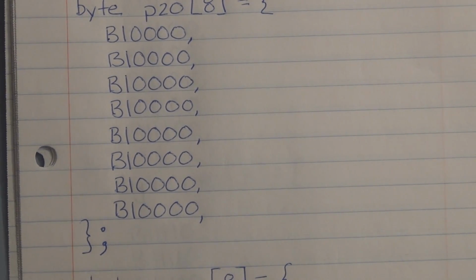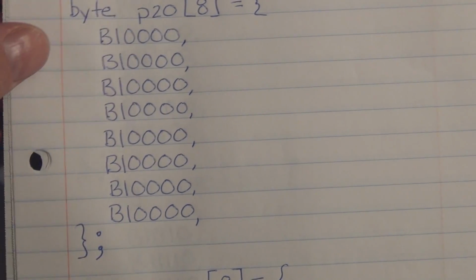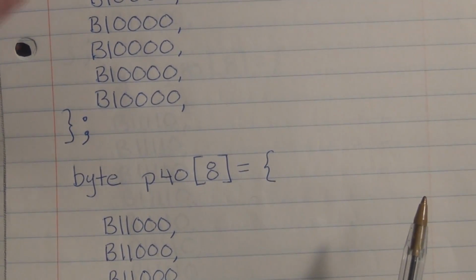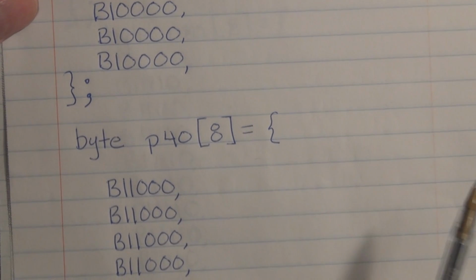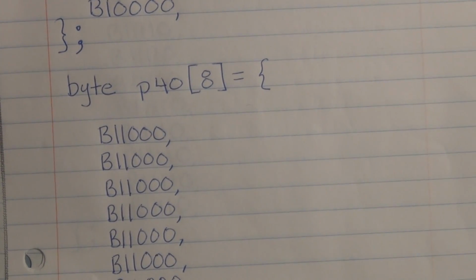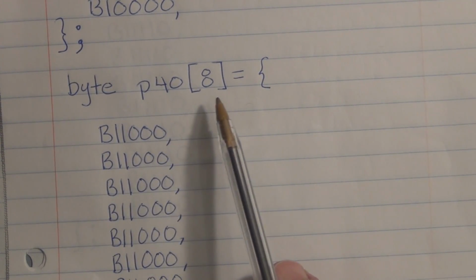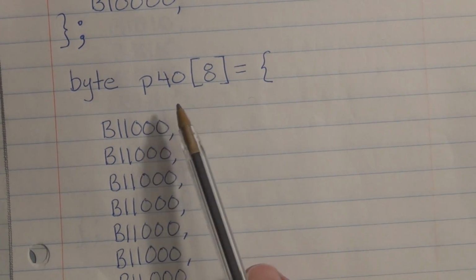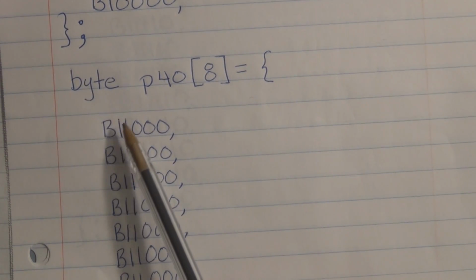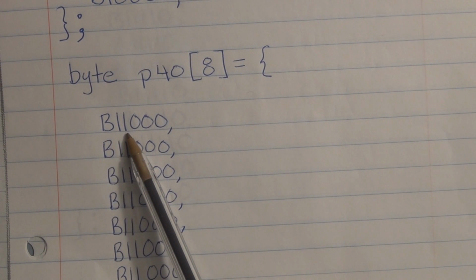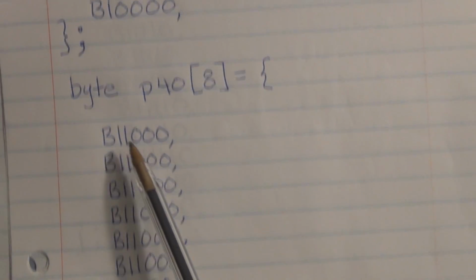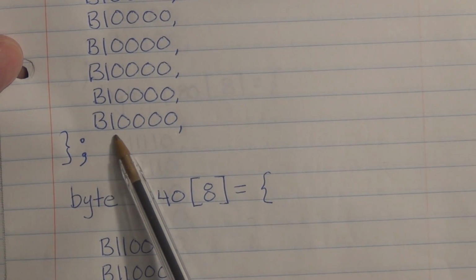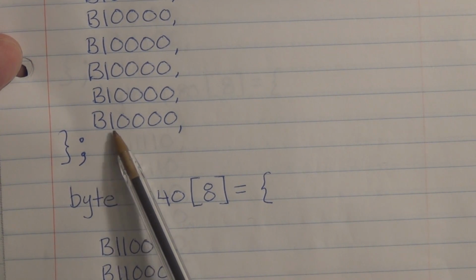And then we repeat that for the next one. Here we have the one with 40% of the pixels. Again, it's an 8-element array of type byte. You can see here now we have 2 ones as opposed to the first custom character that has 1.